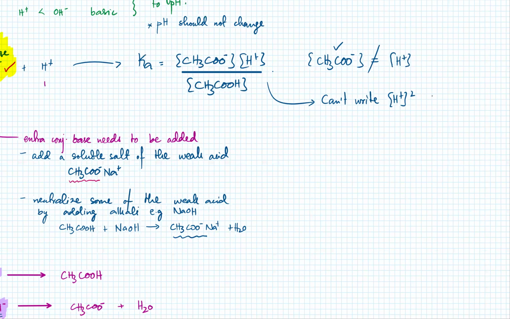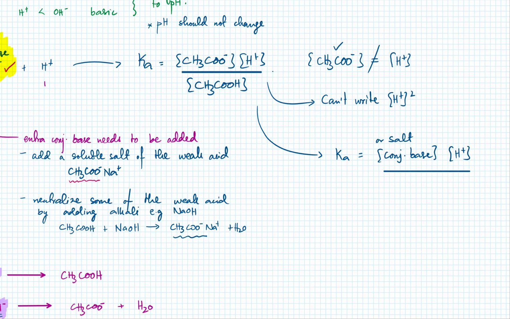You can't write the numerator as H plus 1 squared. The same expression could be written as two different things. You can call it the conjugate base concentration, or sometimes it's referred to as the salt concentration, times the H plus 1 concentration, divided by the weak acid concentration.